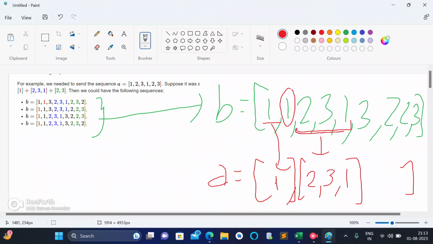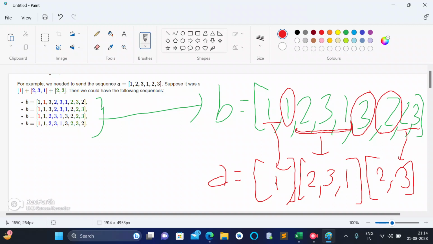I can say these 3 values 2 3 1 are put in array A and they have a size of length 3. Now let's say I put these 2 and 3, which are of length 2, so this is 2.